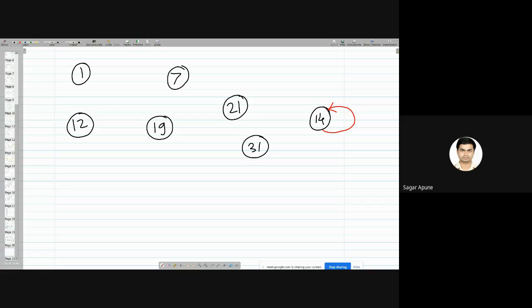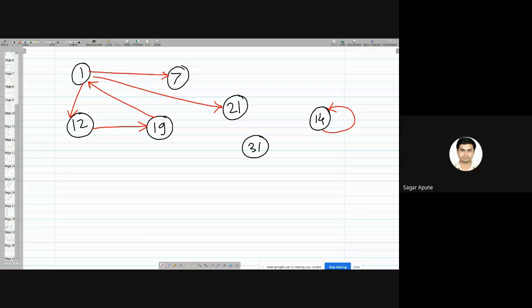1 to 7 connection. 1 to 12 connection. 12 to 19 connection. Then 19 to 1 connection. Then 1 to 21 connection.